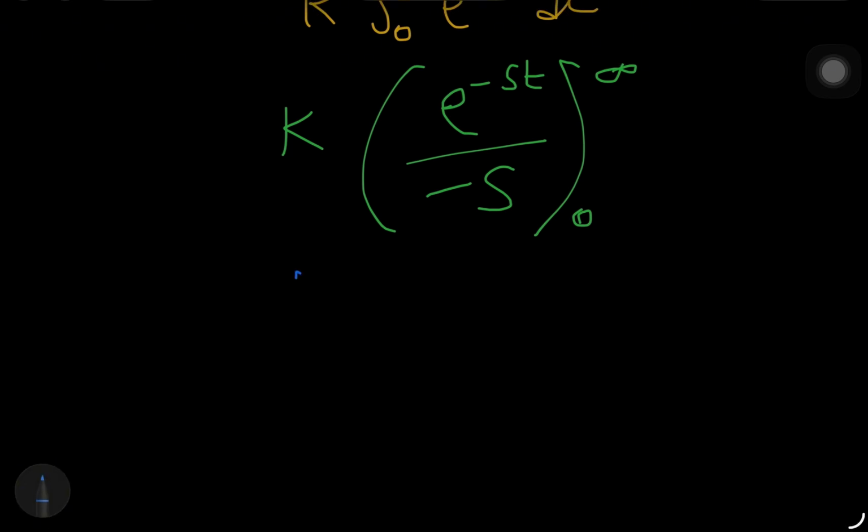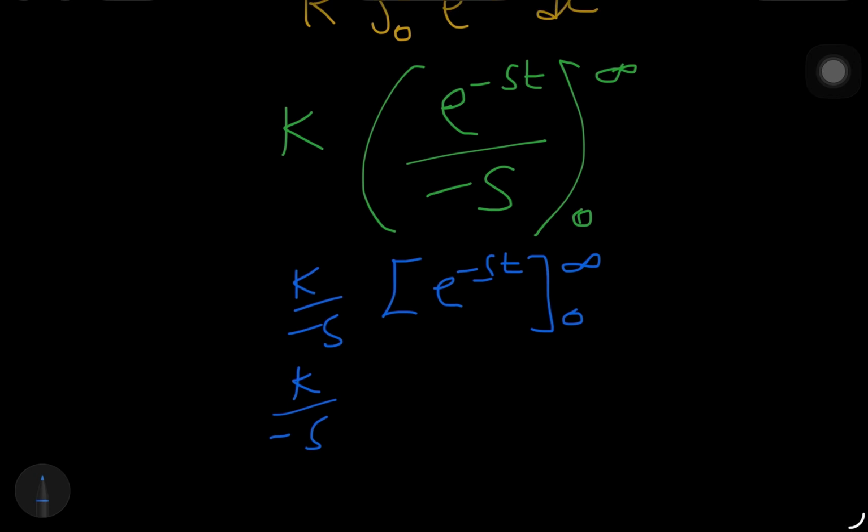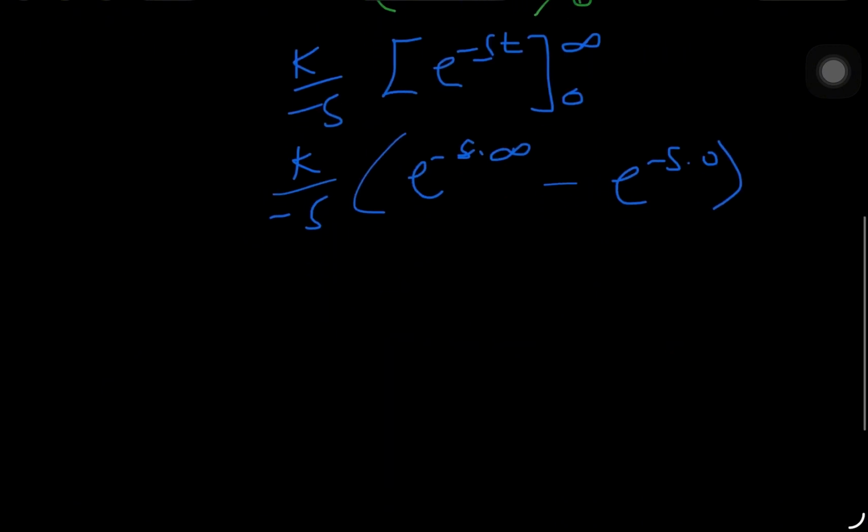Negative s can be factored out, so we get k over negative s multiplying e to the power negative st from 0 to infinity. This becomes k over negative s, e to the power negative s multiplying infinity minus e to the power negative s multiplying 0.